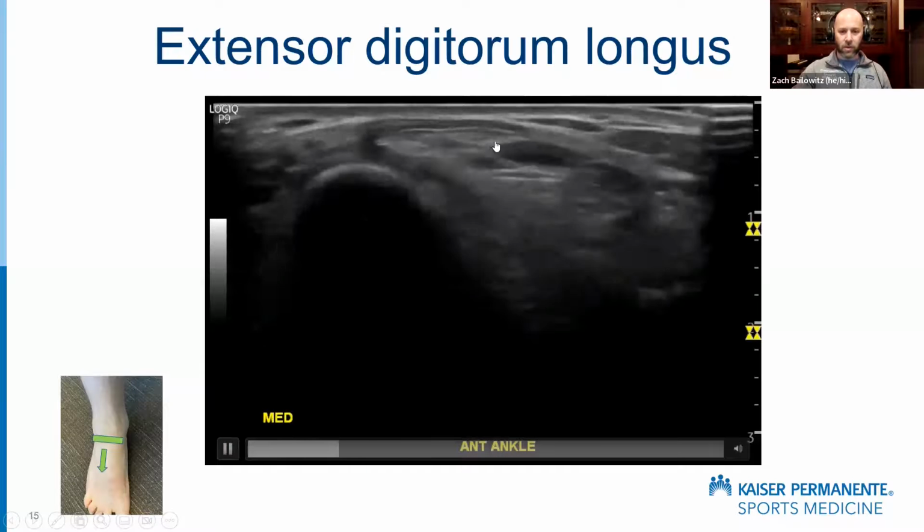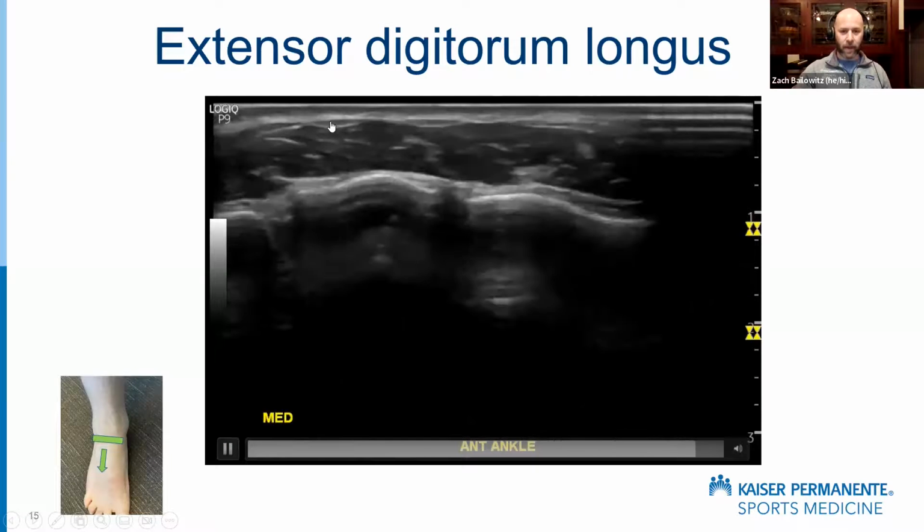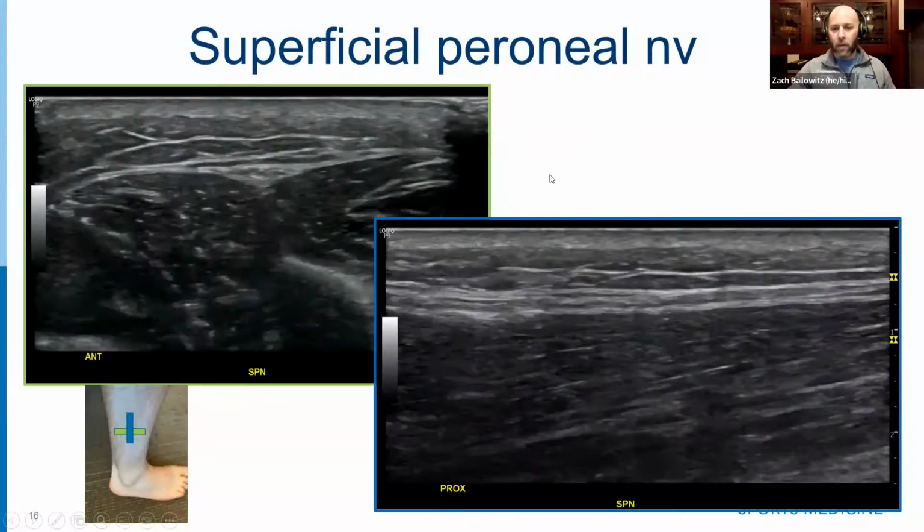So here we are, there's our tendon. You see it starting to divide out into multiple tendons. And obviously those are going to head towards the 2nd through 5th digits. Again, extensor digitorum brevis underneath looks normal, nice hypoechoic muscle architecture with hyperechoic perimysium, and that'll become important for us later.